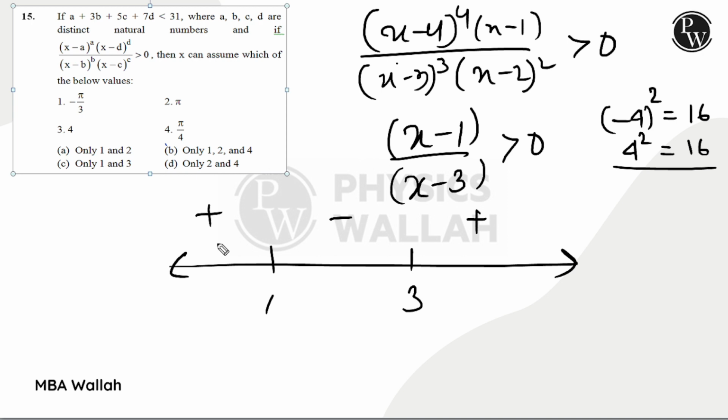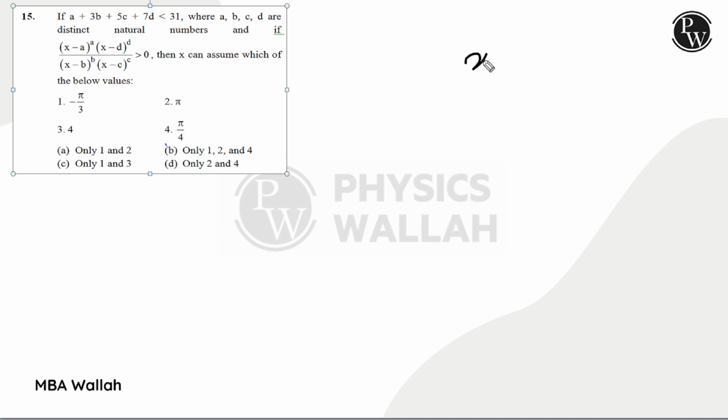Plus, minus, plus. I have to get more than 0, so less than 1 and more than 3. So what are the typical values that x will satisfy? x has to be less than 1 and x can be more than 3.